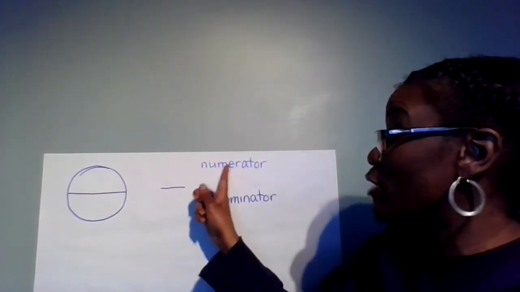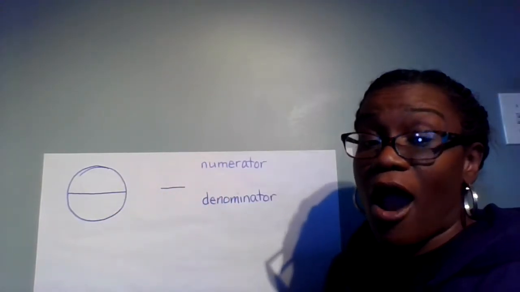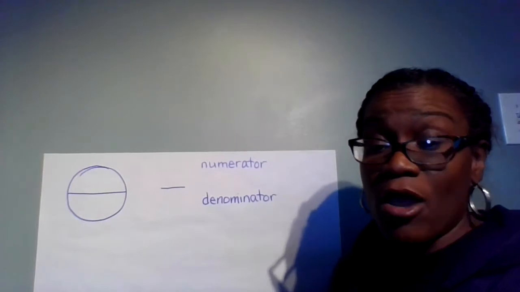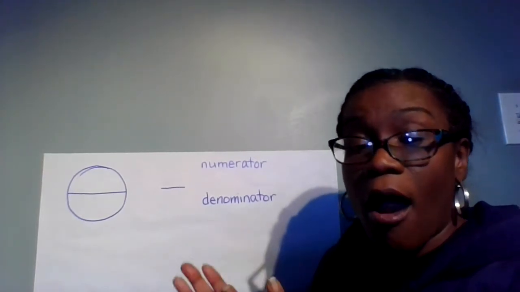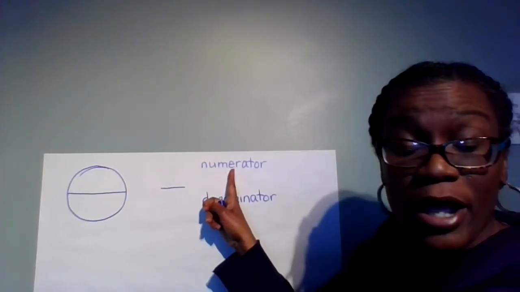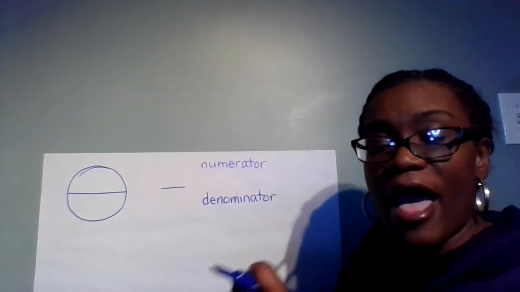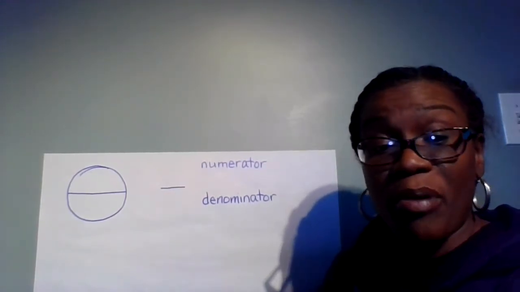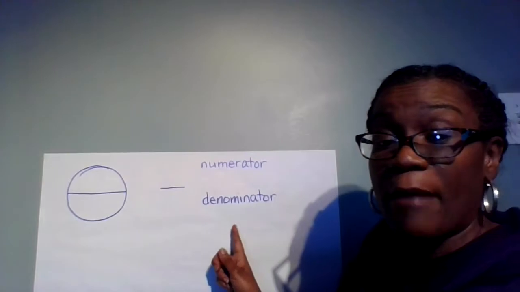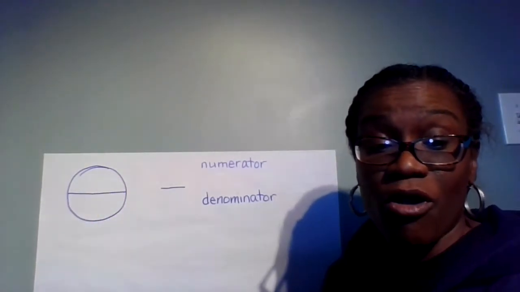And then my numerator would tell me either how many parts are shaded or taken away, or how many parts are blank or still left there. And so that's what your numerator tells you. Your numerator tells you how many parts you still have left or how many parts are missing. And your denominator always tells you how many parts are in your whole.